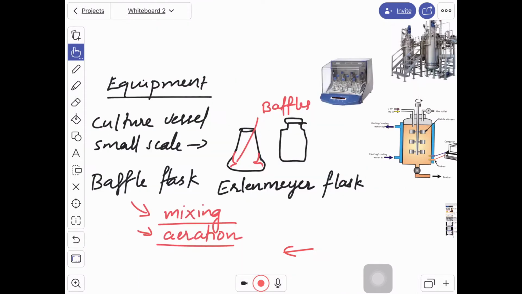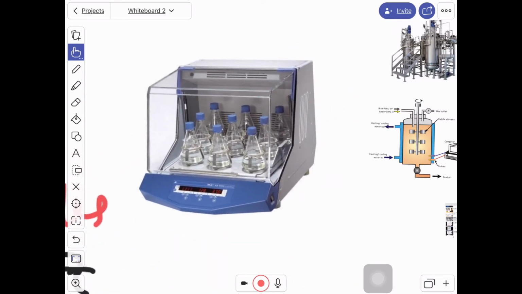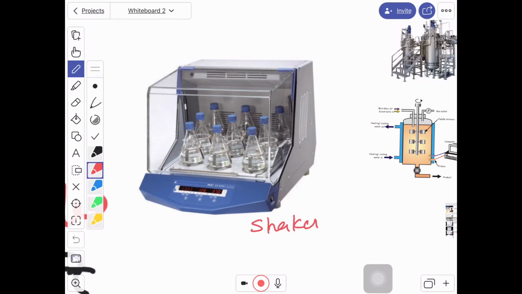Some cultures require special temperature as well as mixing. For that we can use a shaker with an incubator. This is a shaker incubator. There is a mechanism of shaking or mixing which is fitted inside the incubator.